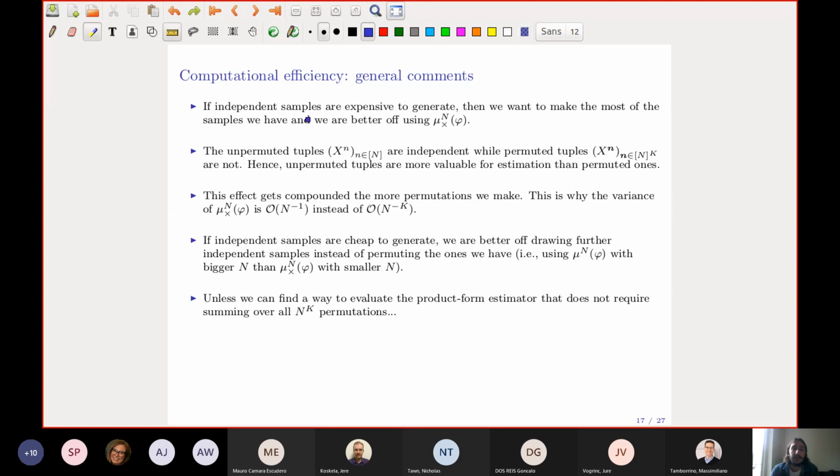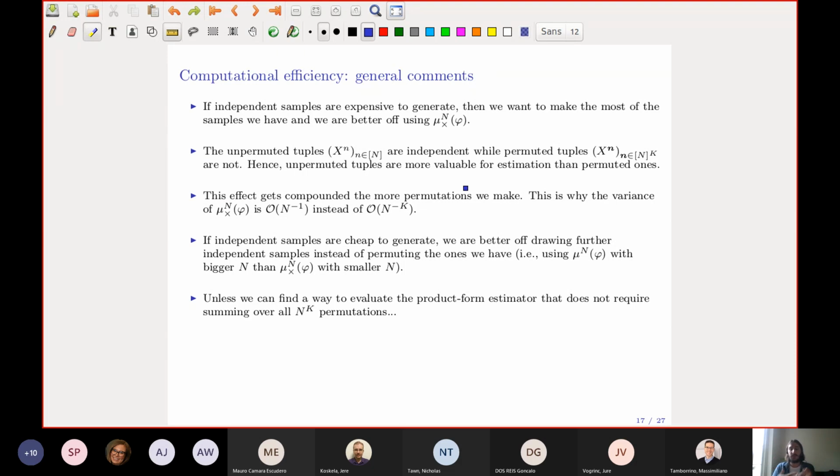Now, if this is not the case, then you've got to remember that the unpermuted original samples are independent, while the permuted ones are not, and hence a new independent unpermuted tuple is worth a lot more for estimation than a new permutation. Right? And this is more and more true the more permutations you make. So if you have many IID samples to start with, the first few permutations are almost going to count as further independent samples.